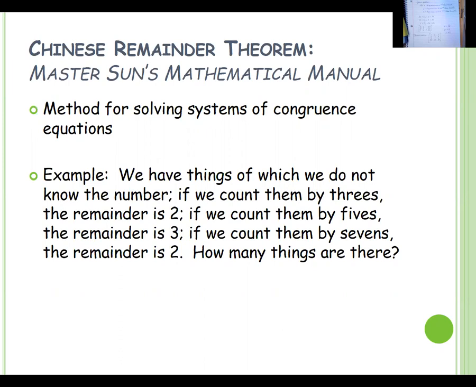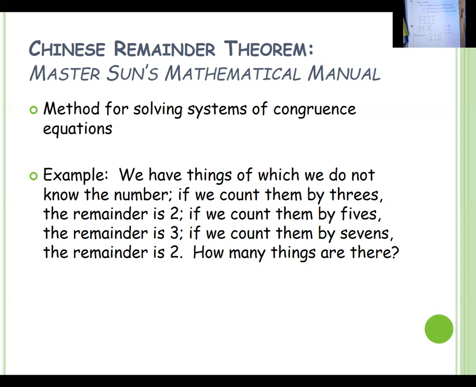Carl Friedrich Gauss invented congruence equations in the 1800s, and they're solving problems with them that can be interpreted as congruence equations. And the Chinese remainder theorem is an algorithm for solving problems of this type, and I've got it set up on the Canvas site so you can look at it.